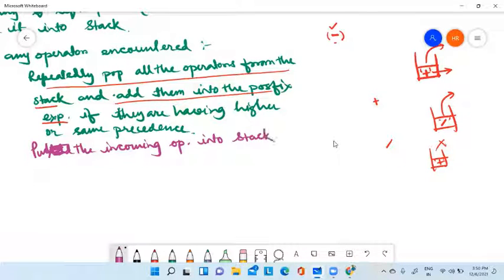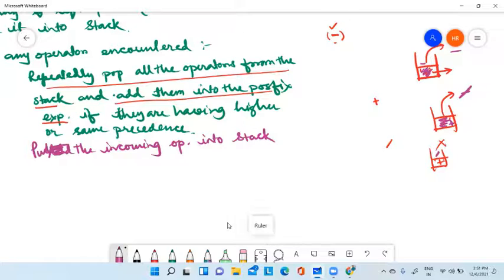It means in this case this plus will be popped, this minus will come in. In this case division will be popped, division will come here, plus will come here, and minus plus will come here. In this case this plus is not popped, but division will come in this position because the incoming operator will be pushed into the stack.